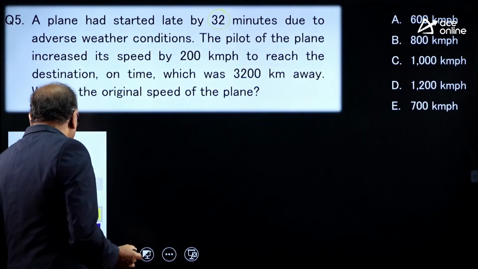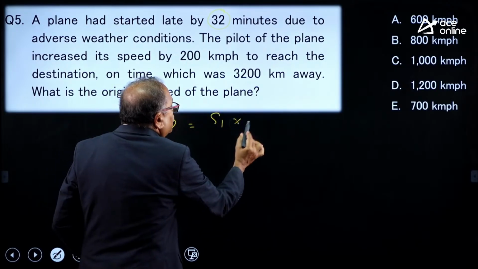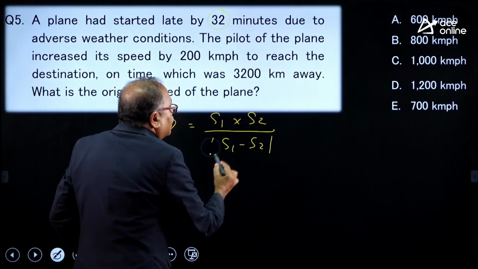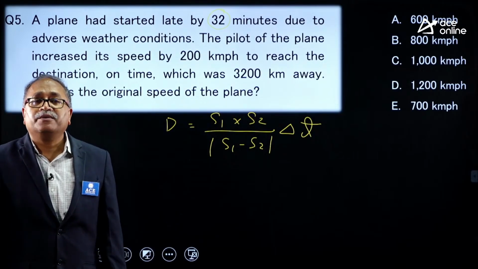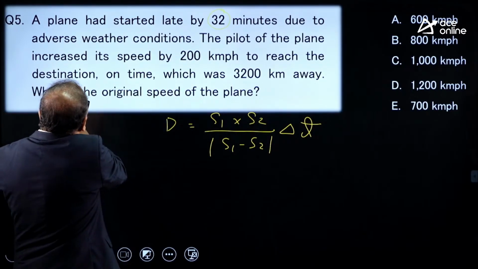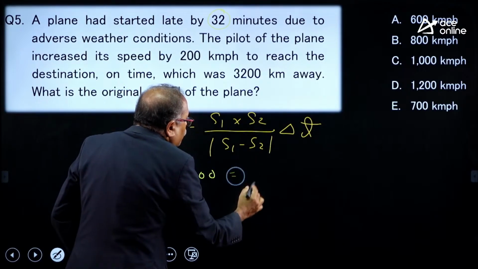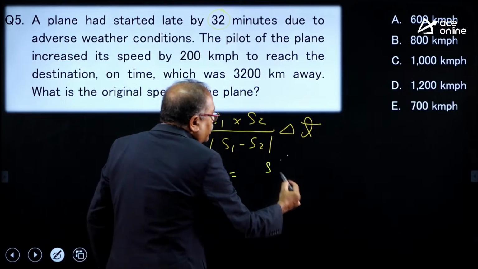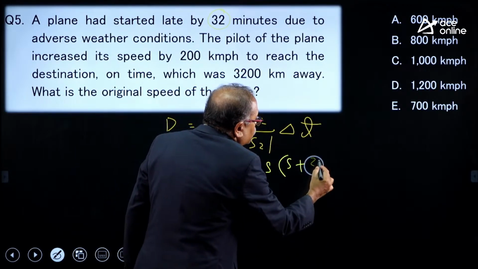Now, do you know the formula over here? The distance is equal to S1 into S2 by S1 minus S2, mod, and delta t, the difference of time. Can I apply this formula? See that here we have the distance, that is 3200, which is equal to the first speed, which I will assume as S. We have to take some variable here, and the second speed is 200 kilometers more, that is S plus 200.